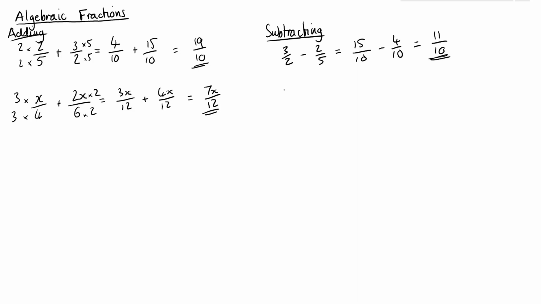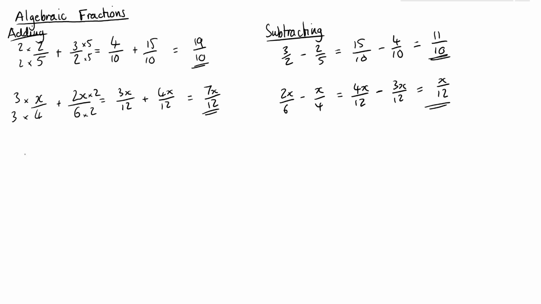If we wanted to do 2x over 6 minus x over 4, we do the exact same thing. We're going to make this into 4x over 12, just like before, and we make this into 3x over 12, just like before, and this becomes x over 12. So nothing has changed.